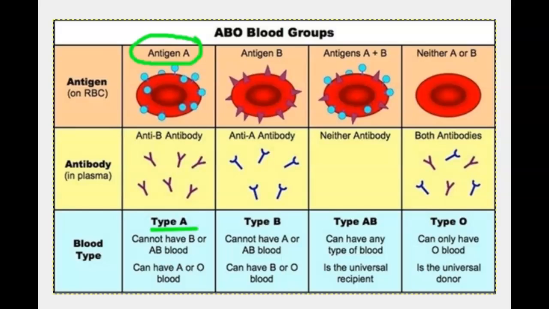A blood has the A antigen on the red blood cell. But now we're going to look and see what's in the plasma. For those people who have type A blood, they have A antigen on the red blood cell, and in their plasma, look what they have.